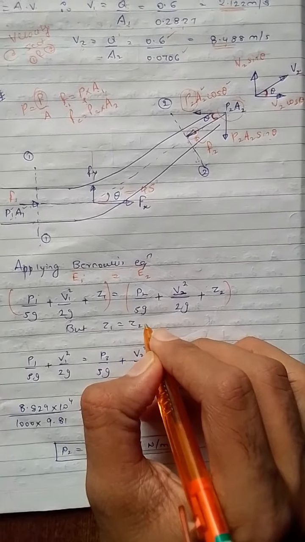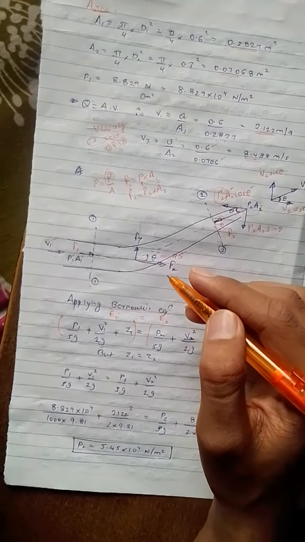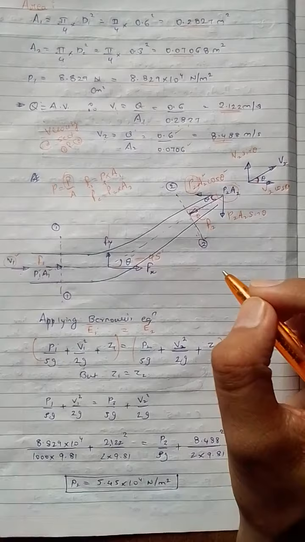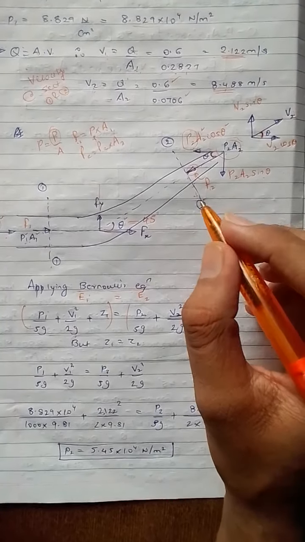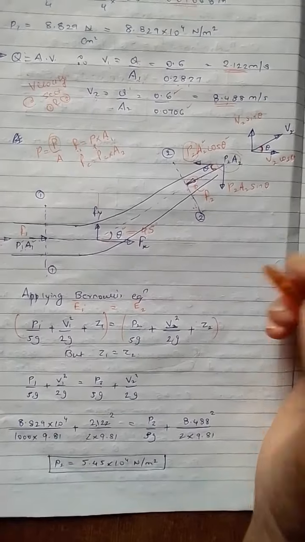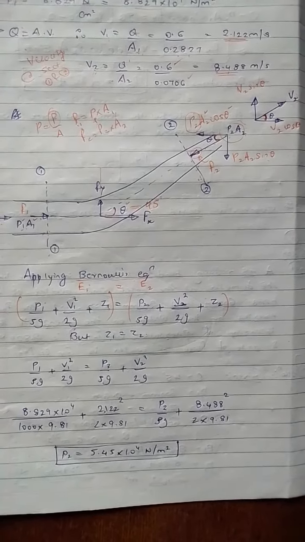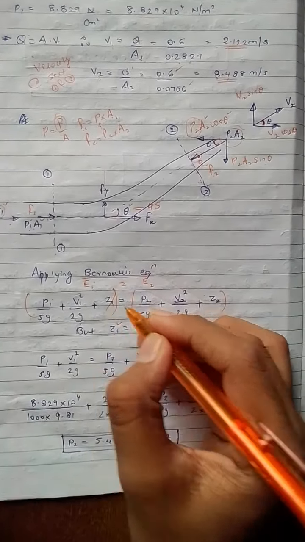But Z1 is equal to Z2. Why? Because I already said that the momentum principle is applicable only for horizontal pipes, and not for vertical pipes. So the height of the pipe from the datum surface will be the same, and Z1 and Z2 cancel out.